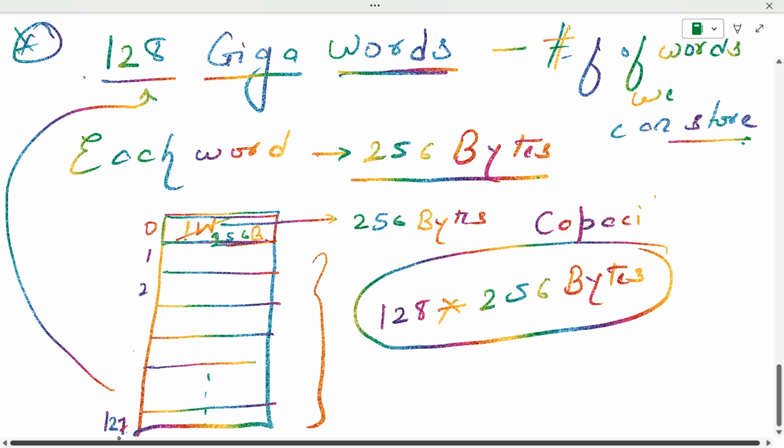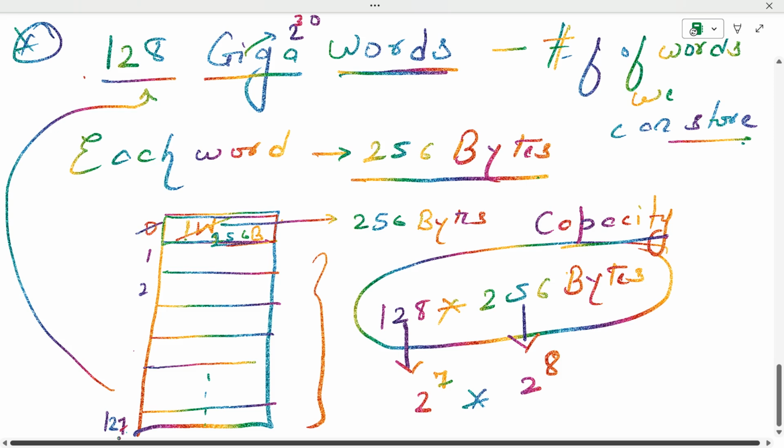Now we have already seen that we can represent this in the form of 2 raised to the power 7, and 256 as 2 raised to the power 8. Sorry, it's not 128, it is 128 gigawords. So giga refers to 2 raised to the power 30.